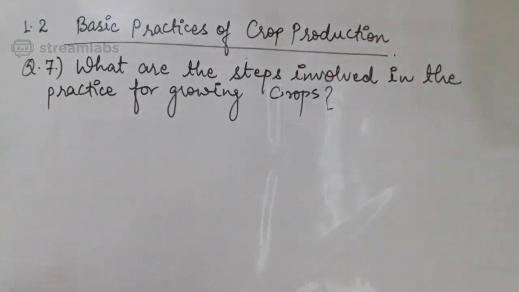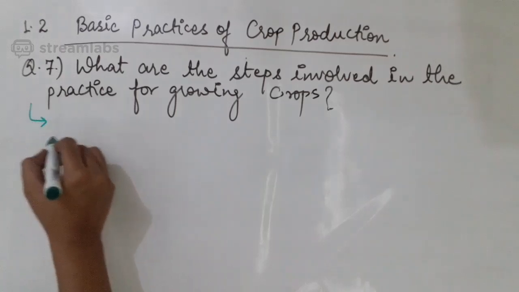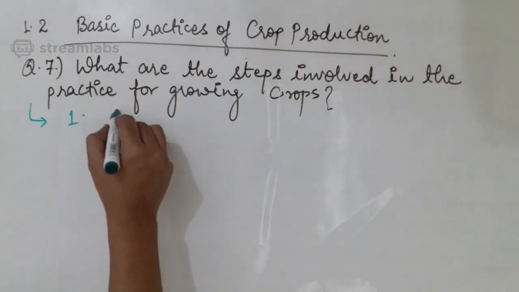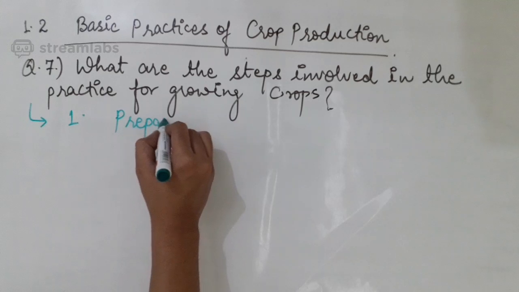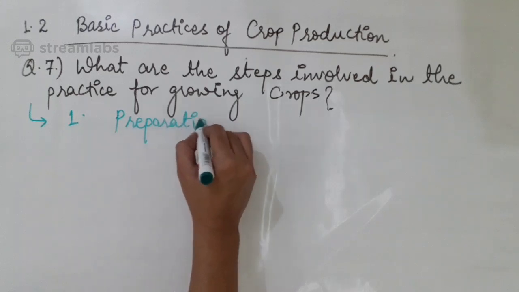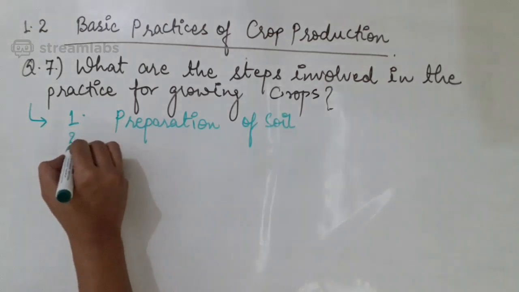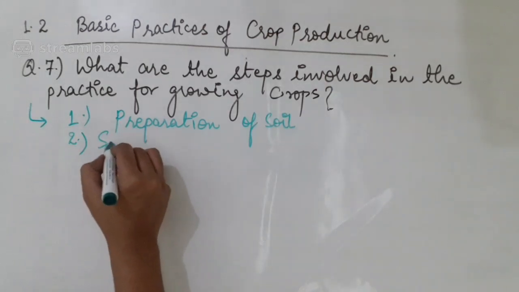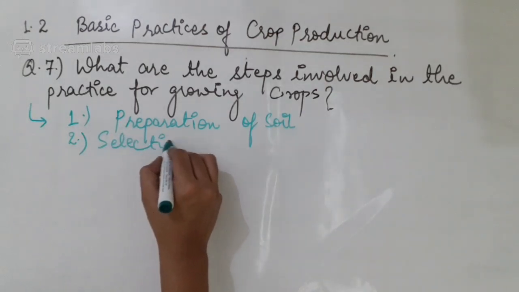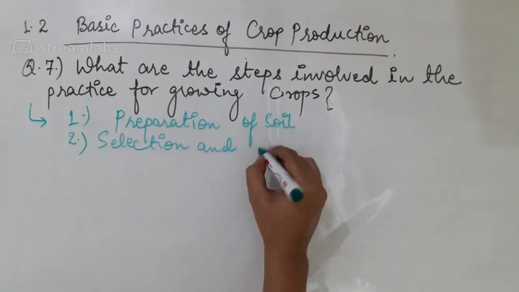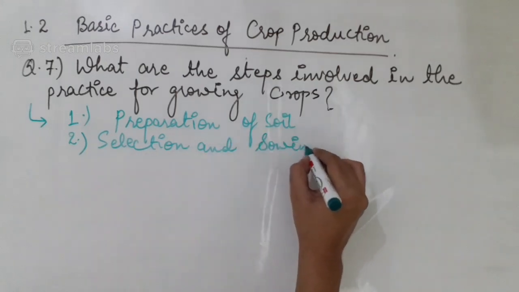So, you know that there are several steps. Step number 1, that is preparation of soil. Second, selection and sowing of seeds.